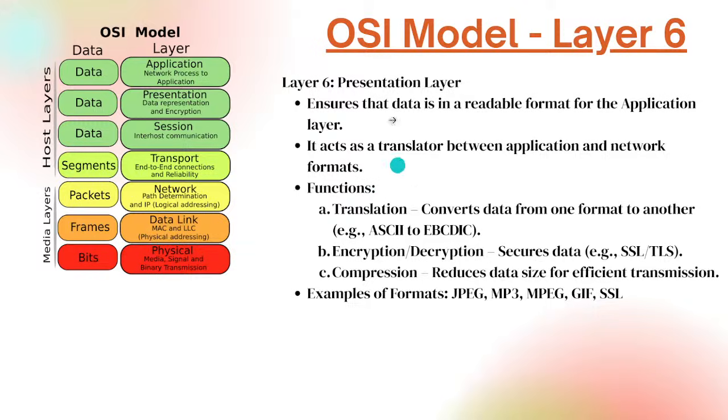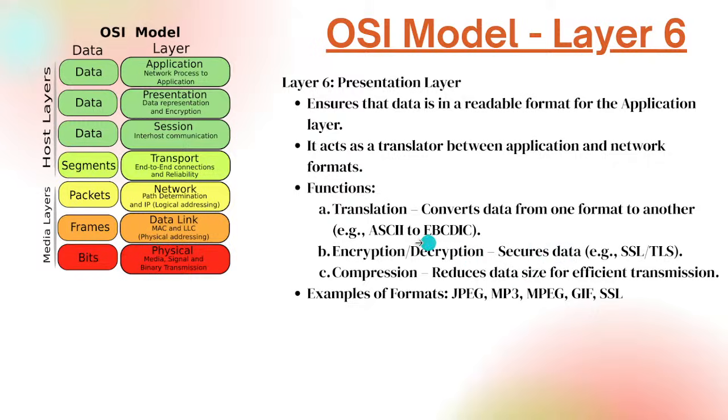Now the functions of the presentation layer: it will convert data from one format to another. As a part of encryption, it converts the information from one format to another. Then, as we said, it will encrypt or decrypt the information by using SSL or TLS, the Secure Sockets Layer, which helps keep data secure.